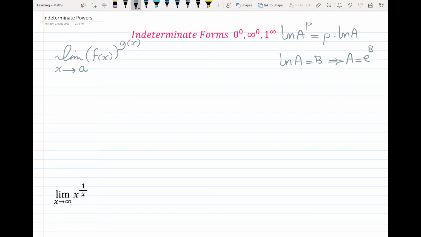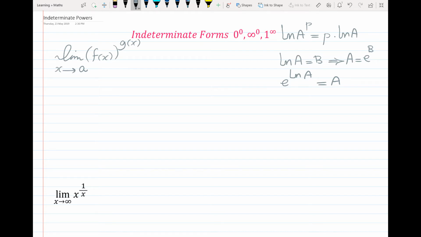The last property is that e to the power of ln of something equals that thing. For example, e to the ln of a equals a. e to the ln of any expression equals that expression. e and ln are inverse functions of each other and they cancel each other. So we need these properties.